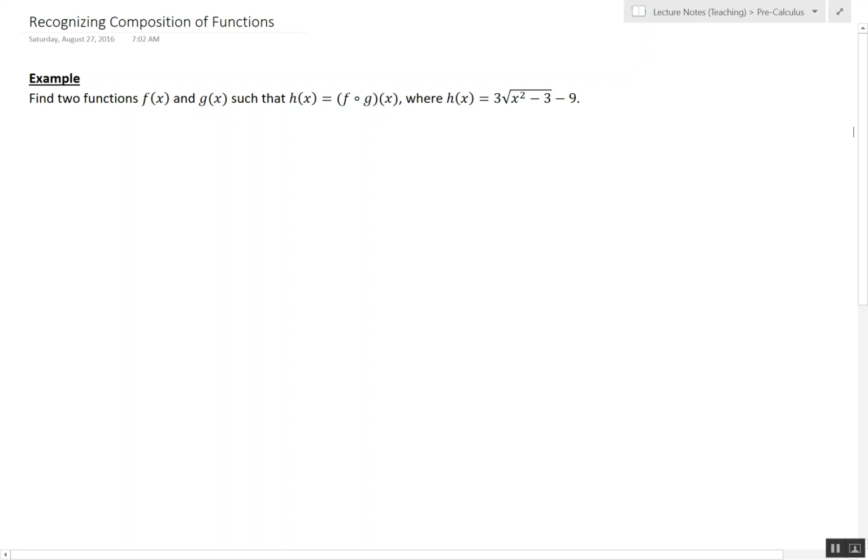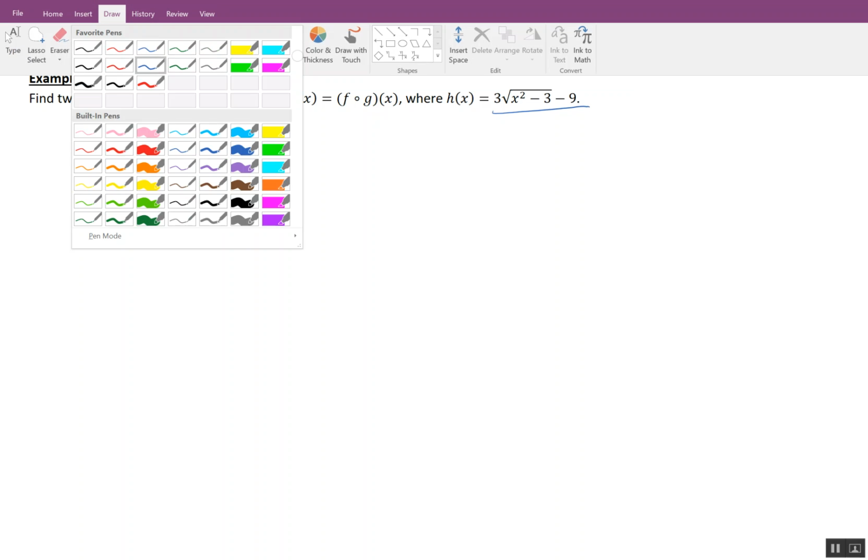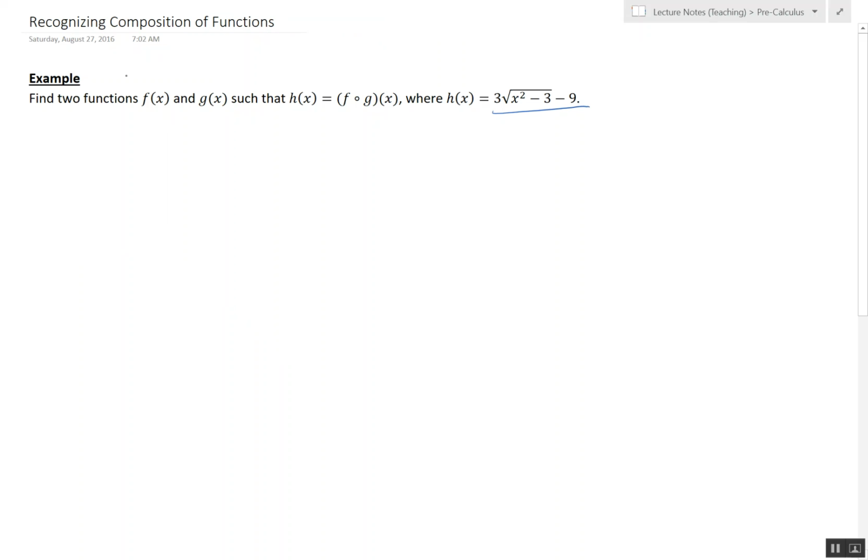So the idea here is we're going to have this function h of x, and we want to find two functions that when we compose them give us this. So let's write this function and see if we can come up with something. We have h of x is 3 times the square root of x squared minus 3, minus 9.